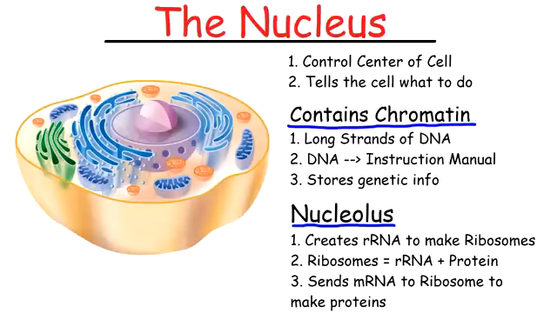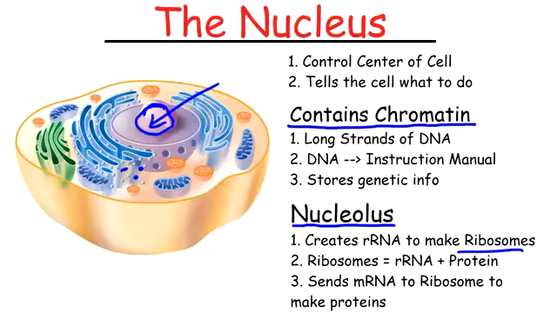Now, inside of the nucleus, we have this ball right here, and that is the nucleolus. Now, the nucleolus creates ribosomal RNA to make ribosomes. And ribosomes, you can see these little spheres floating in the cytosol, and the ribosomes make proteins.